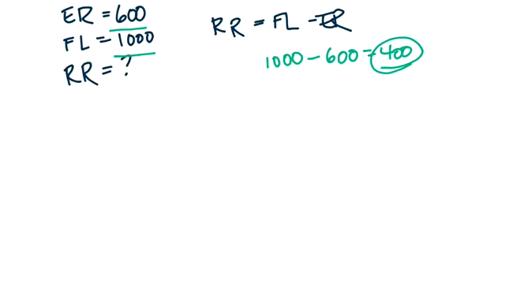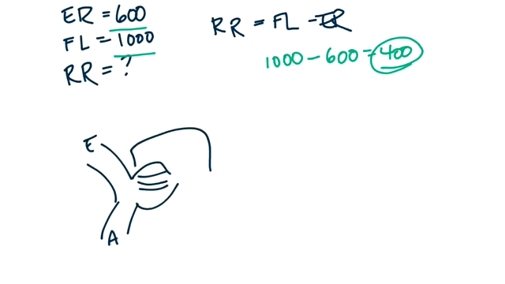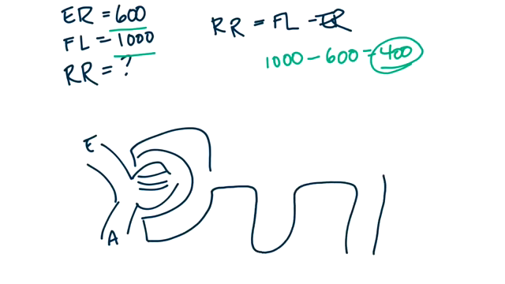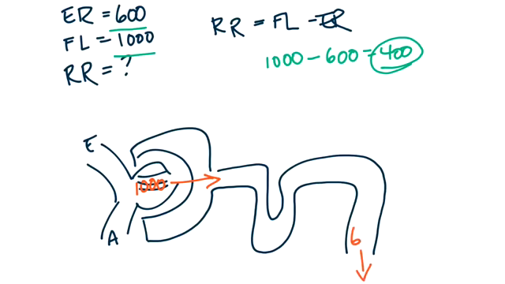Let's quickly draw out a nephron to show what's happening. So the afferent arteriole, the efferent arteriole, glomerulus, Bowman's space, and the remaining portions of the nephron. So we have 1,000 milligrams of substance that is being filtered. 600 milligrams of the substance is being excreted.